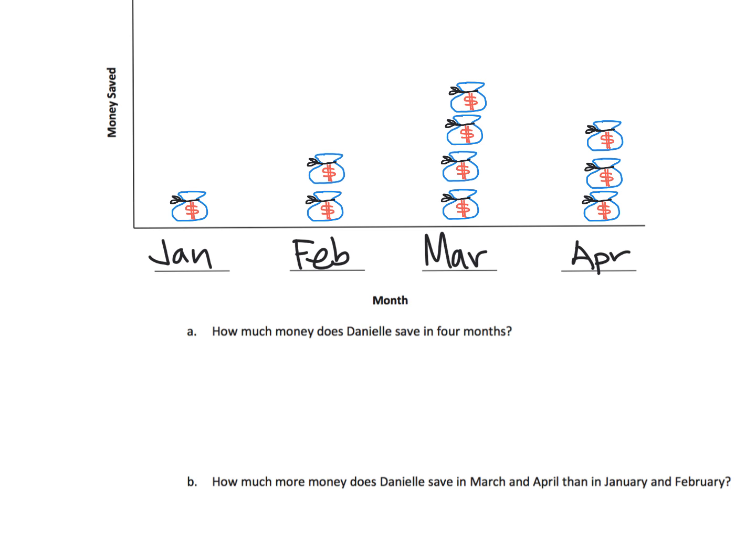So if we wanted to, we could count 1, 2, 3, 4, 5, 6, 7, 8, 9, 10. So there's 10 bags, and we know that 10 bags times $9 gives us $90. So she has saved $90 in those 4 months.